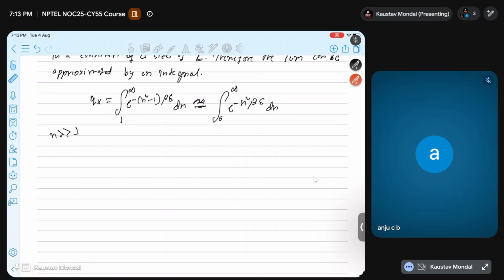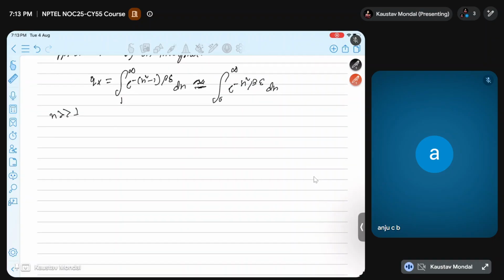Okay, so if n is very high, in that case we can write this thing as integration. So we will do the integration now.